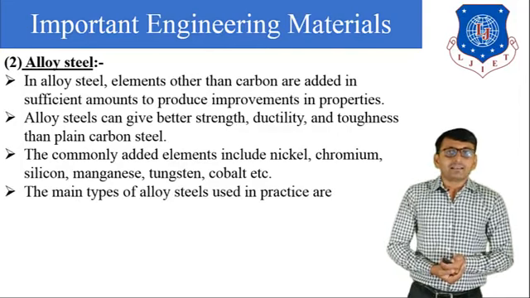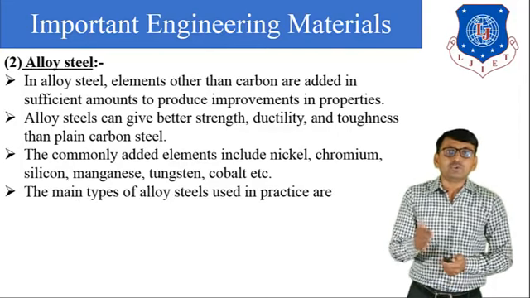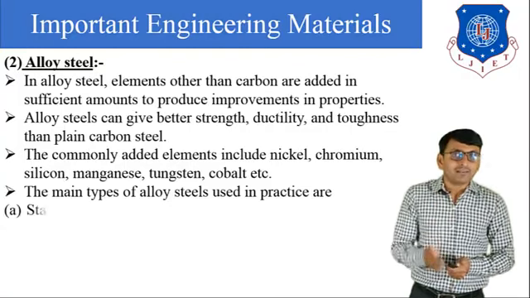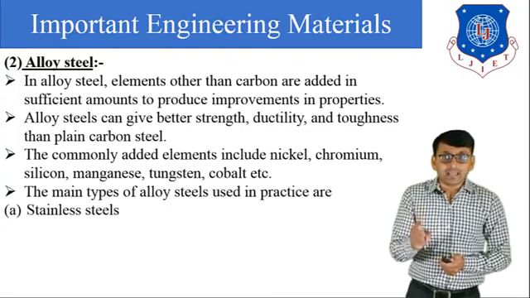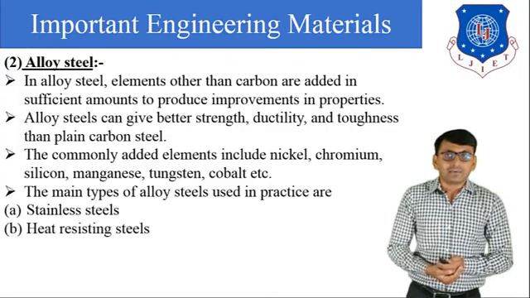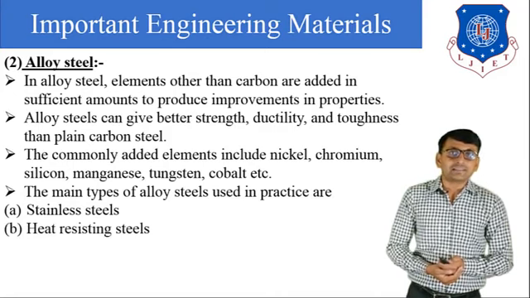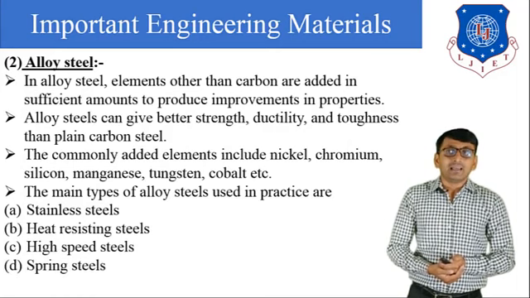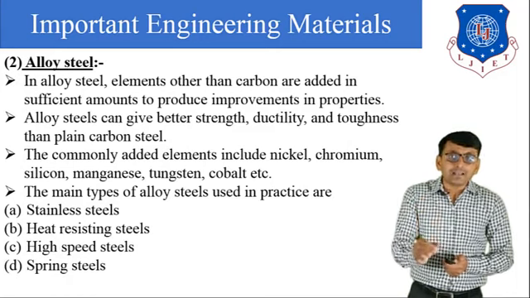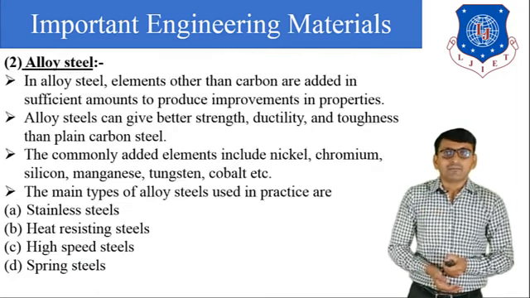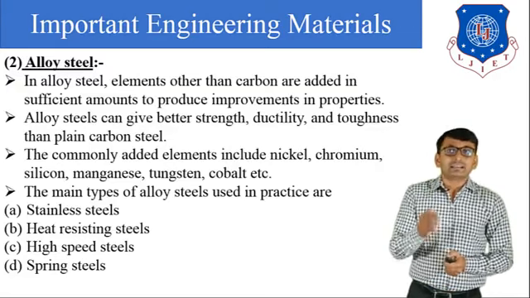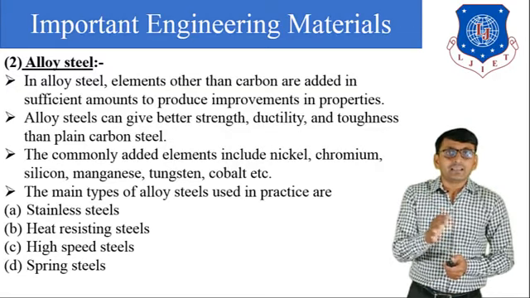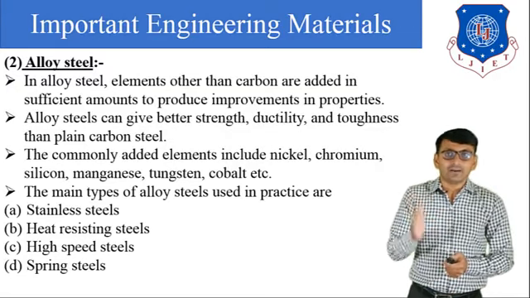The main types of alloy steel used in practice are: first, stainless steel; second, heat resisting steel; third, high speed steel; and fourth, spring steels. These are the types of alloy steel used nowadays.